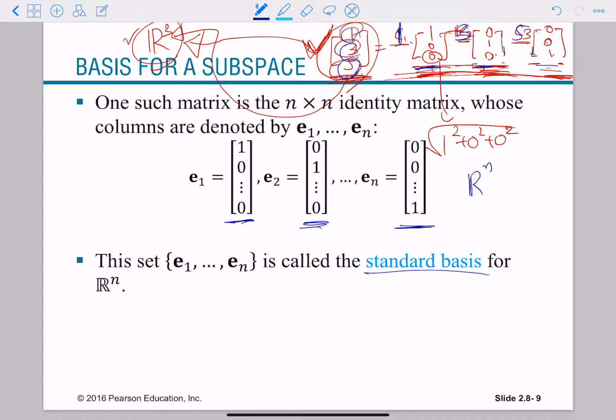That's how we relate this simple notion of the number of elements in our n-dimensional vector to the n-dimensional subspace, which has n basis vectors, for the entire Rn as a particular subspace. Any questions?